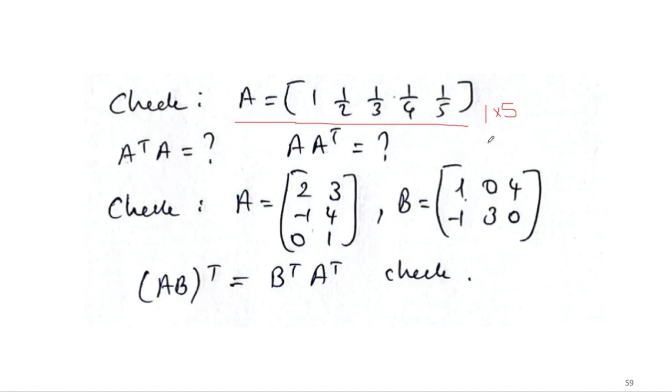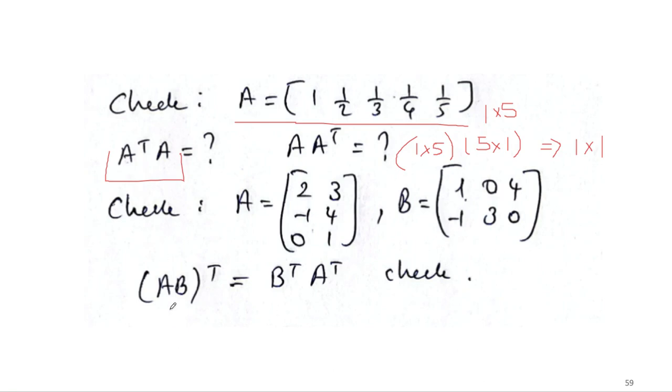A times A transpose is going to be a multiplication of a 1 by 5 matrix with a 5 by 1 matrix. So A times A transpose gives you just a single scalar number, a 1 by 1 real number. But if you do A transpose times A, then you will get a 5 by 5 matrix. You can check this as an exercise.